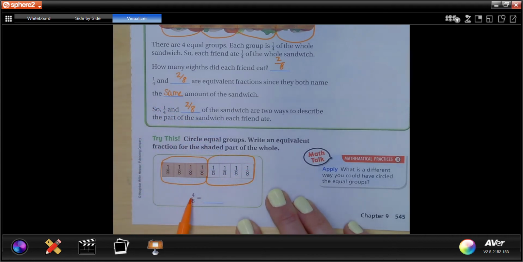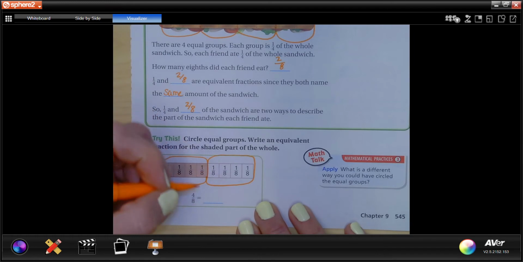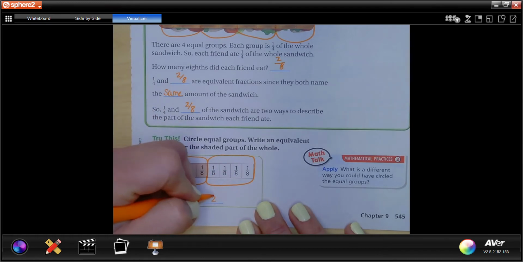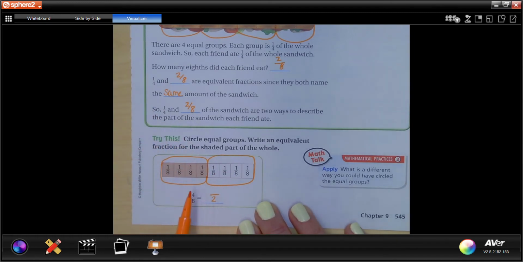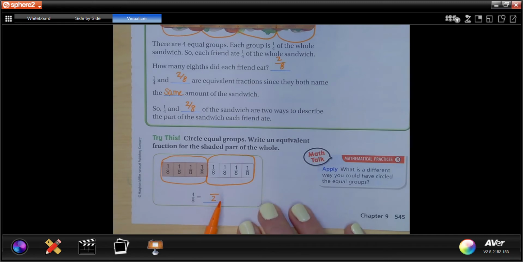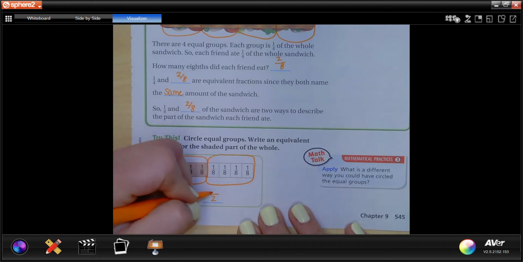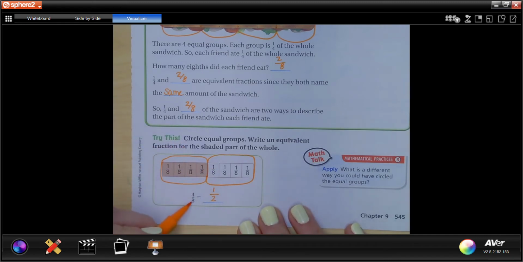So 4 out of 8, 1, 2, 3, 4 out of 8, 1, 2, 3, 4, 5, 6, 7, 8 is also the same as, how many whole groups do we have? 2 equal groups, they said. That's what we circled. How many are shaded out of the 2 equal groups? 1. So 4 eighths is equal to 1/2.